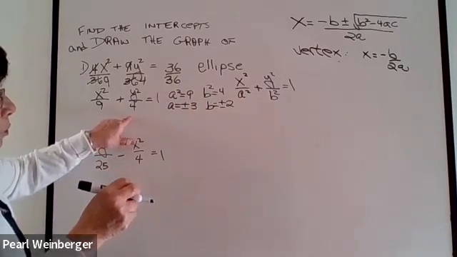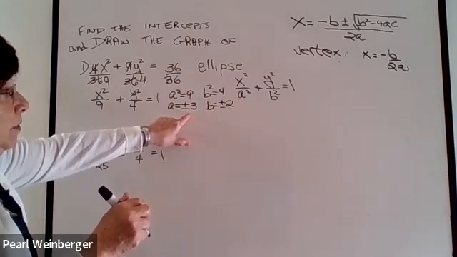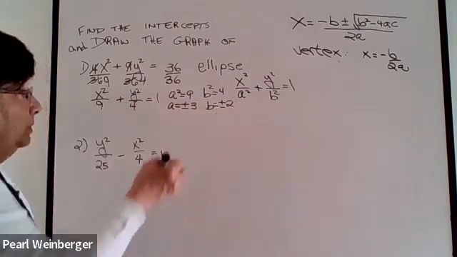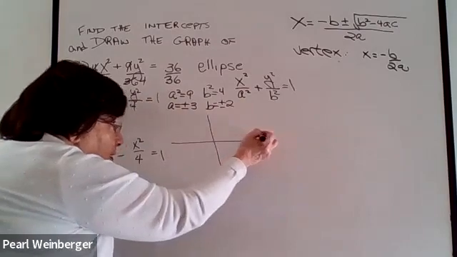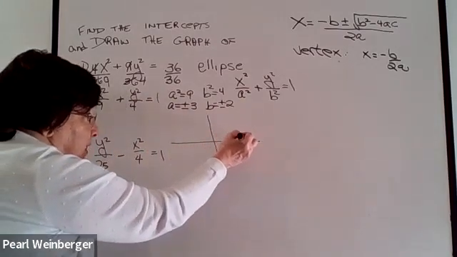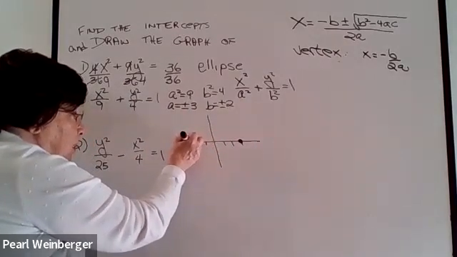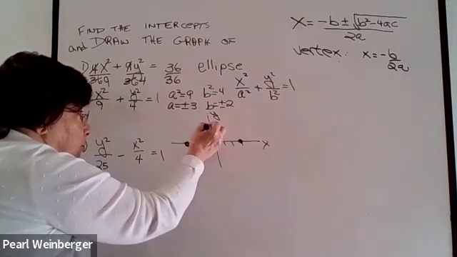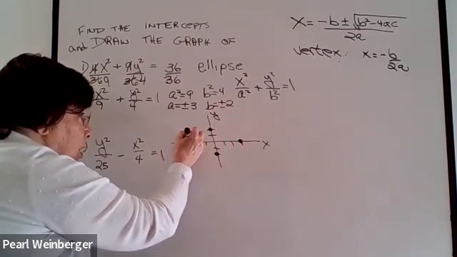Okay, so remember the a's are the x-intercepts, the b's are the y-intercepts. So this ellipse will cross the x-axis at 3 and at -3, and the y-axis will cross at 2 and -2.